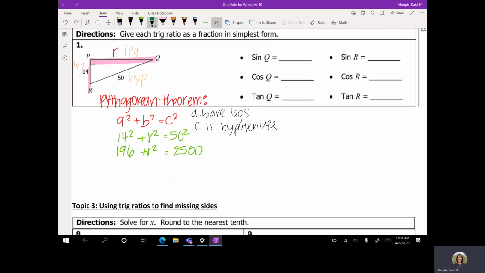To remove the addition between positive 196 and r squared, I'm going to subtract 196 from both sides. That will cancel out the positive 196 and that subtracting of 196. So that is gone now.